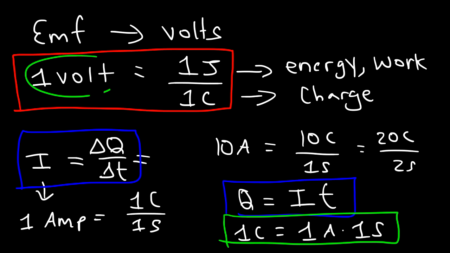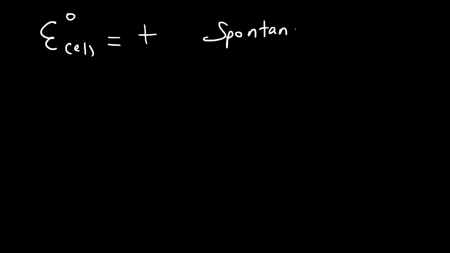And 1 volt is equal to 1 joule per 1 coulomb. Now let's go back and talk about cell potential. The cell potential is positive whenever you have a spontaneous reaction. So that means that delta G is equal to a negative value.